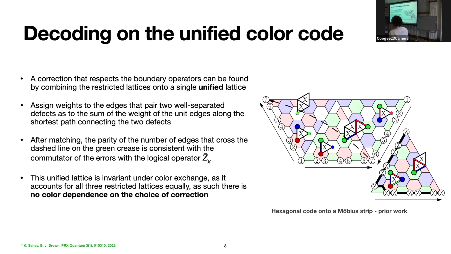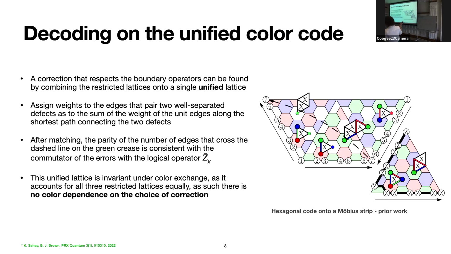With that, they showed an improvement in the number of correctable errors they can catch, and also an improvement in threshold. But that didn't work for us, actually. But yeah, the decoding procedure is kind of similar to earlier.